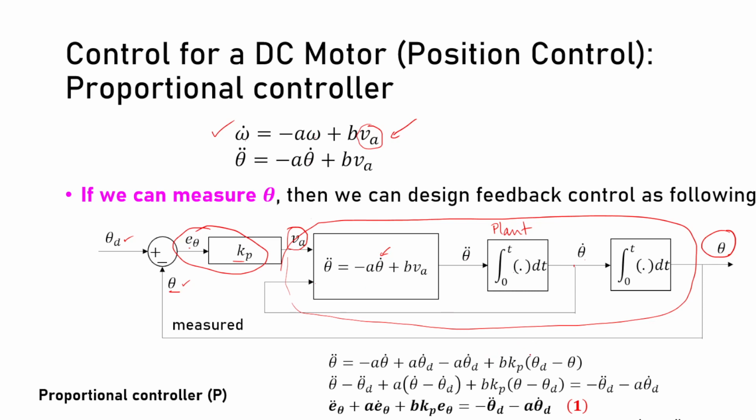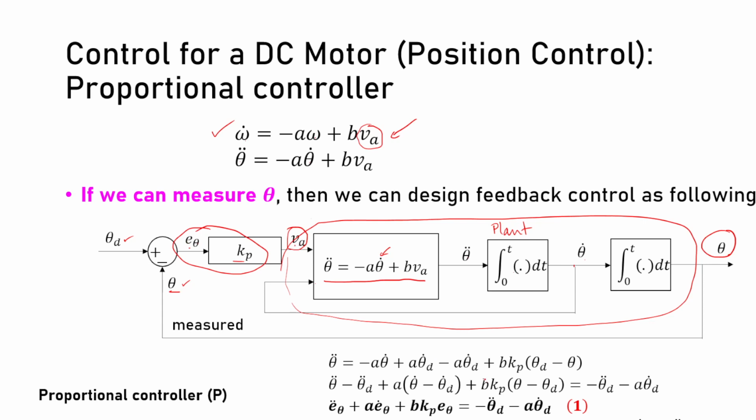Here is the derivation of the model of the feedback control. You start from this equation and then substitute the supply voltage VA by the error e theta times Kp.